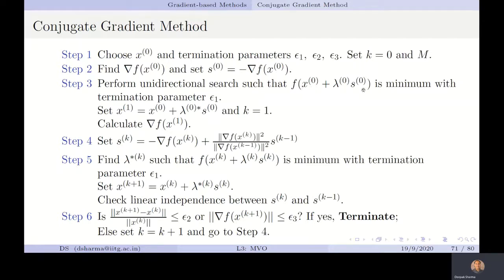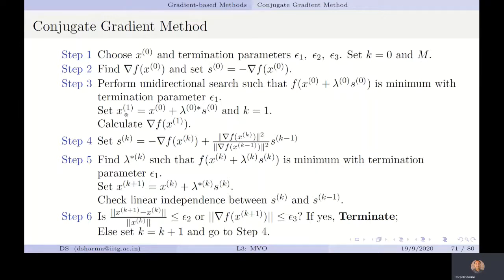When we are performing the unidirectional search, it is going to terminate based on the epsilon 1 value. As soon as we get the optimal value of lambda, we are going to put it into the formula here, and we can get the first point x1.